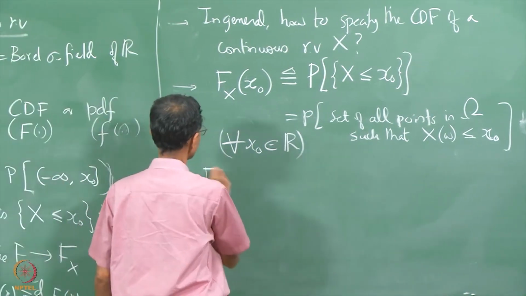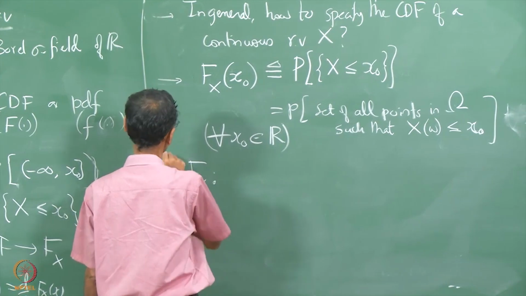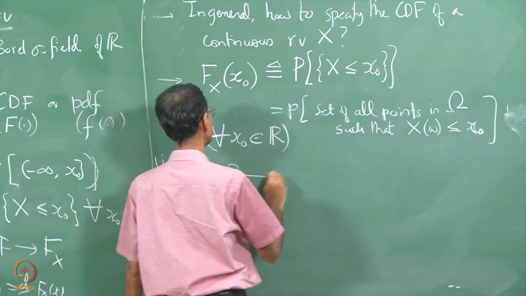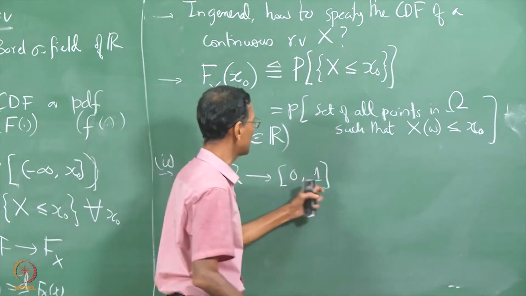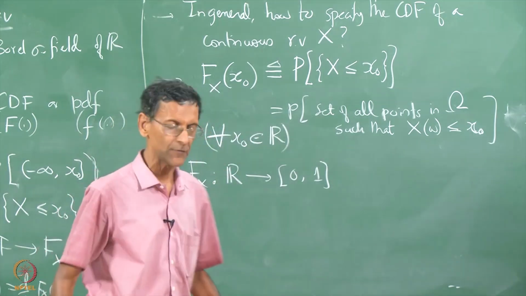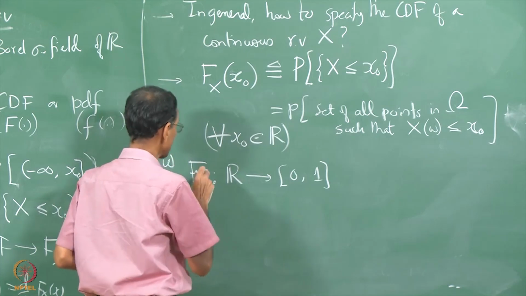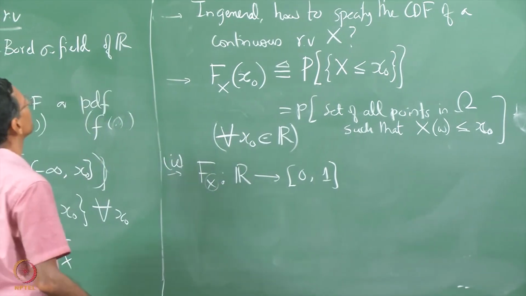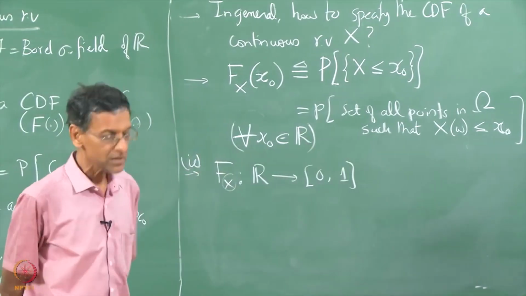In other words, this capital F, as we said earlier, is a mapping from the entire real line to the interval [0,1], because it always takes values only between 0 and 1, being a probability. We have said this several times earlier, but now the only thing we are doing is attaching this subscript to the F. So, this is a general procedure for doing this.